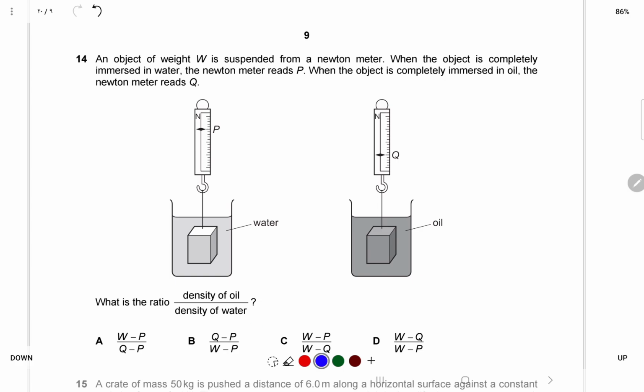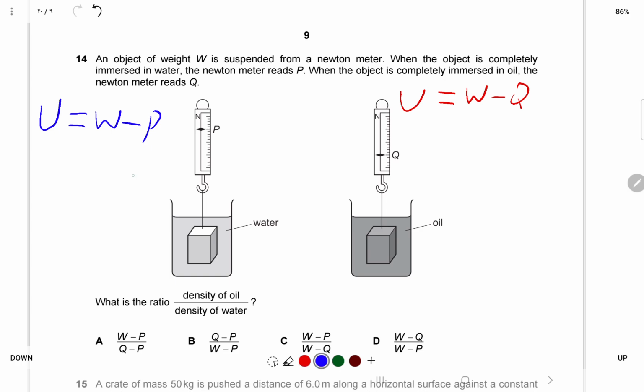Okay, here you have to know that upthrust is weight minus apparent weight. So upthrust equals W minus P. P is the apparent weight here. And here the upthrust will be the original weight, which is W, minus apparent weight, which is Q.